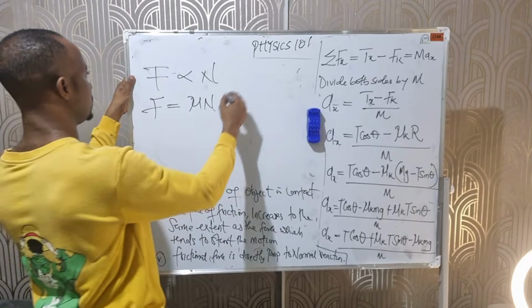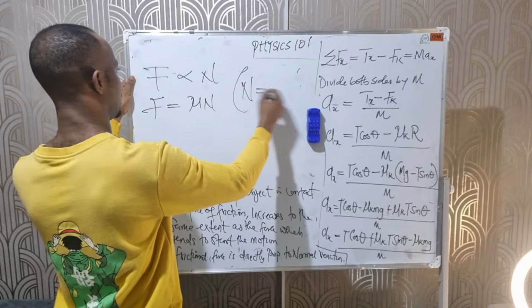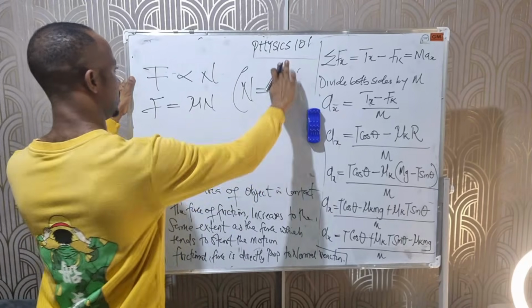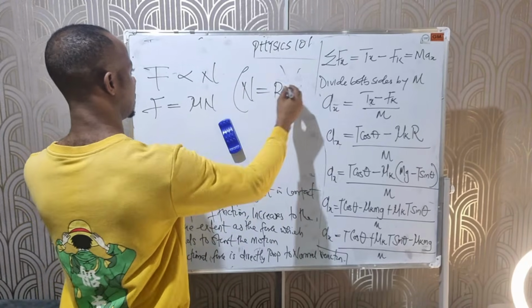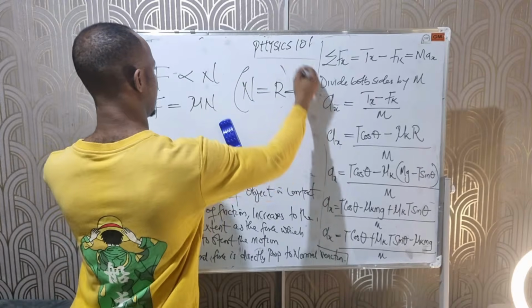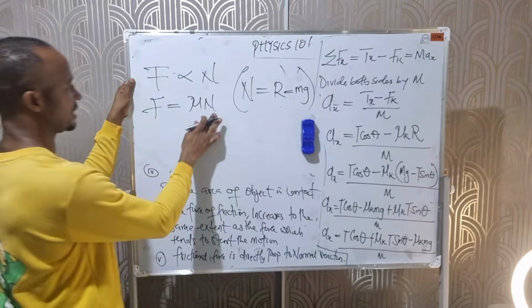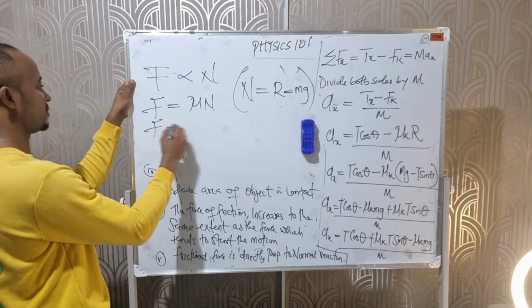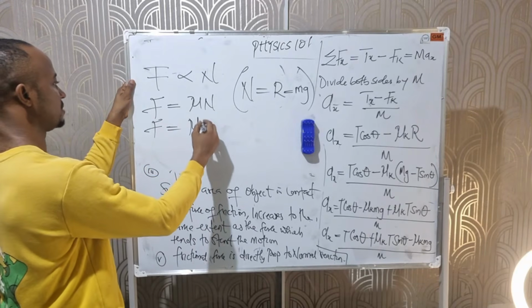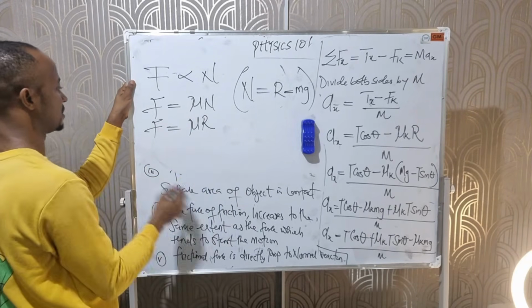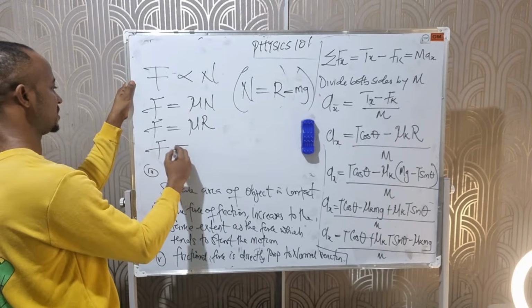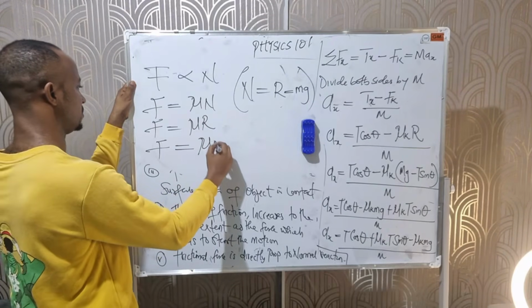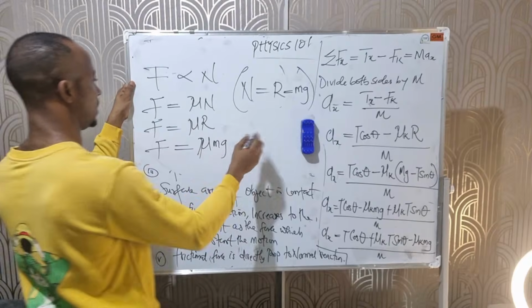In some cases they use N, or they use R. All of these are the same, which is all equal to mg. So I can also use R here, F equals mu R. So the value of F is equal to mu mg.